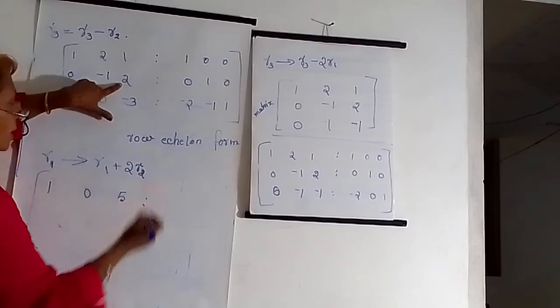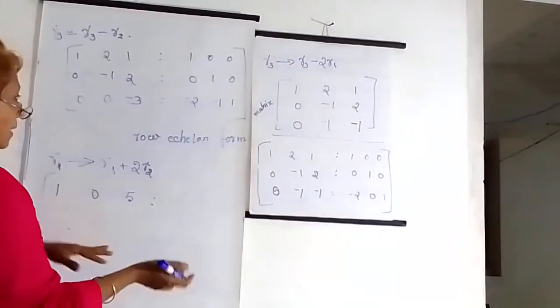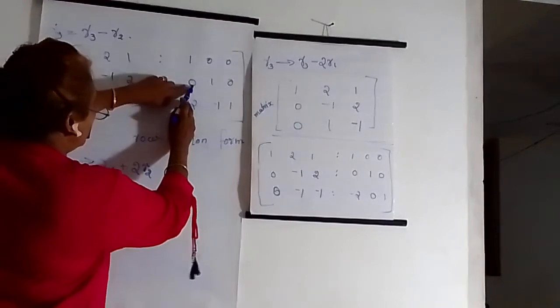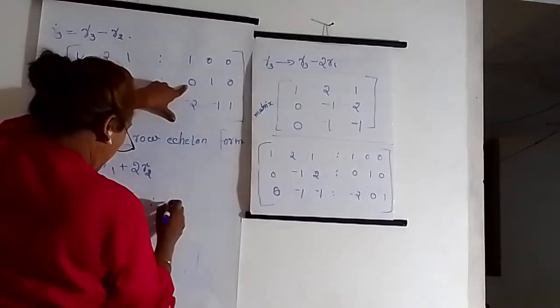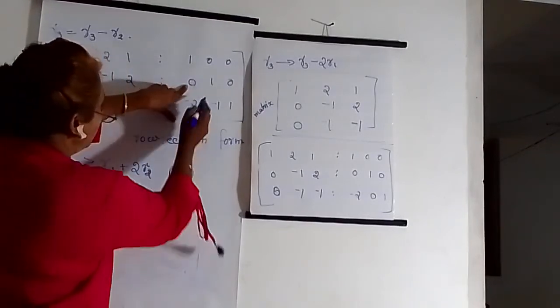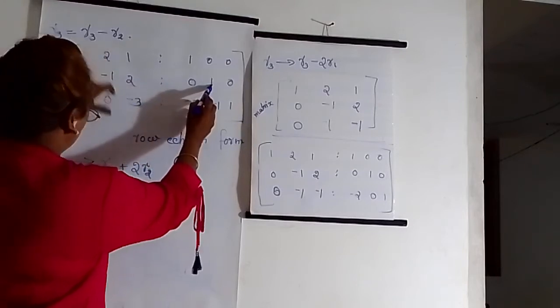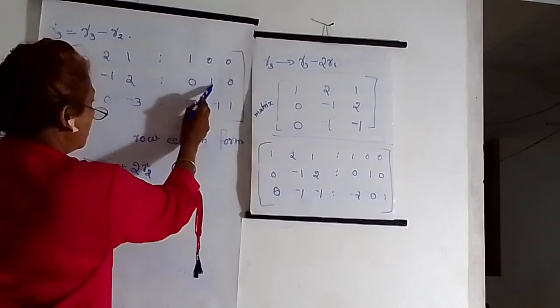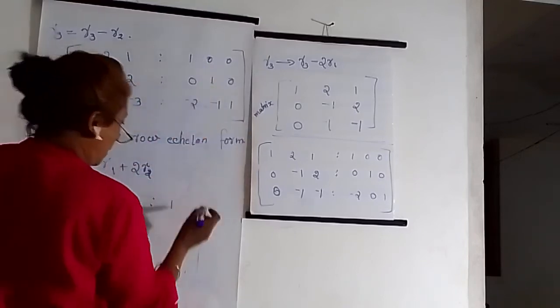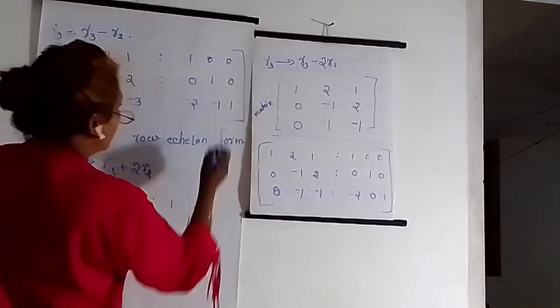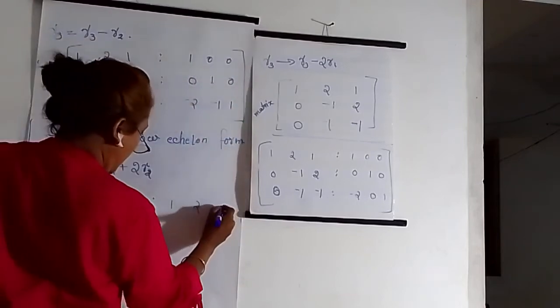And now we can do the same thing on the other side also. It's 2 into 0. When it is added, it becomes 1. And then this one, 2R2 plus R1. So 2 plus 0, it is 2 itself, and then this one is 0 itself.